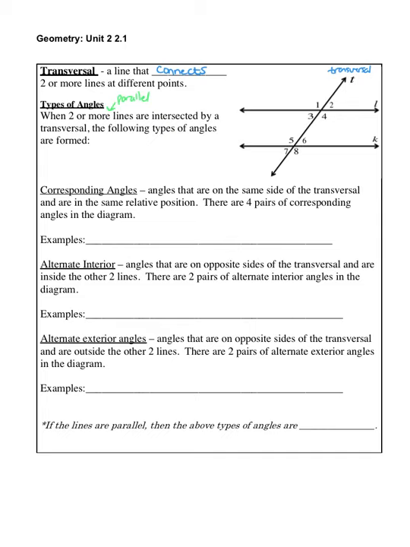So let's talk about corresponding angles. Angles that are on the same side of the transversal in the same relative position. Think about rows of desks in the classroom. There are 4 pairs of corresponding angles. So corresponding angles are angle 1 and angle 5. See how they're in the same place?